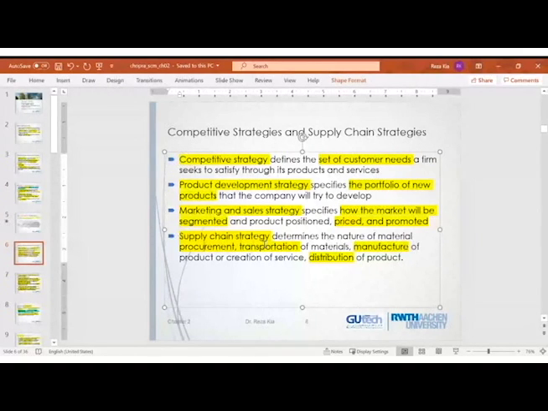In this chapter, we want to define a strong coordination between competitive strategy and supply chain strategy. If we can define a strong link between them, that will bring us a strategy fit.